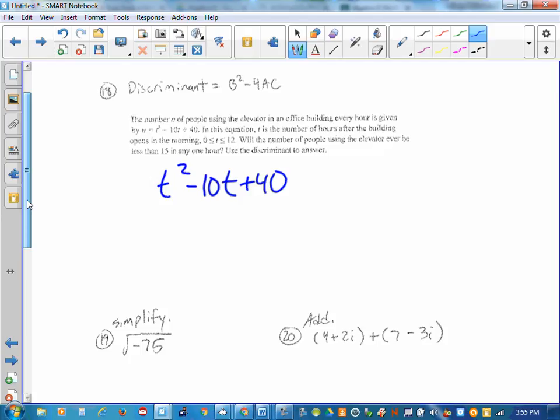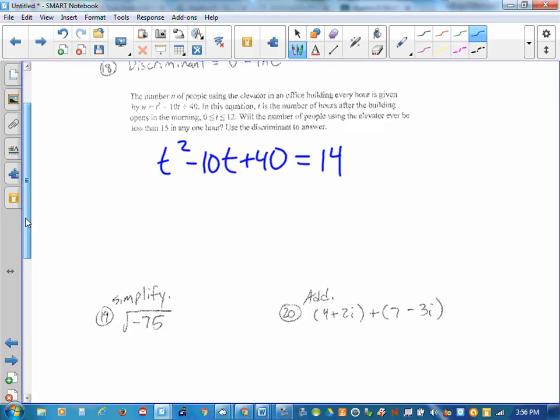So I'm going to solve this a little bit differently than what I did on the answer key. Less than 15 would be 14. So is it ever 14 people? You can't have quarters or halves of people. So I'm going to say, does it equal 14? On the answer key, I said, does it equal 15? Well, 15 would be equal to what it says, and then less than 15 would be 14.